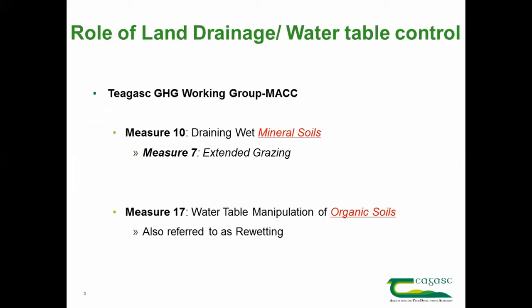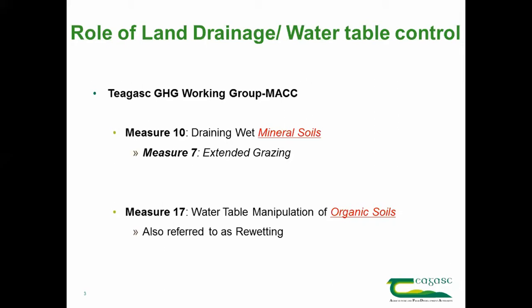So to go back to the first document, I suppose, the Teagasc document, the MAC curve, there's a number of measurements in that document, and I'm sure a lot of you are familiar with it. But from the context of today and what we're talking about, land drainage and water table control, there are the three that you see there that are the major headline figures in this whole area.